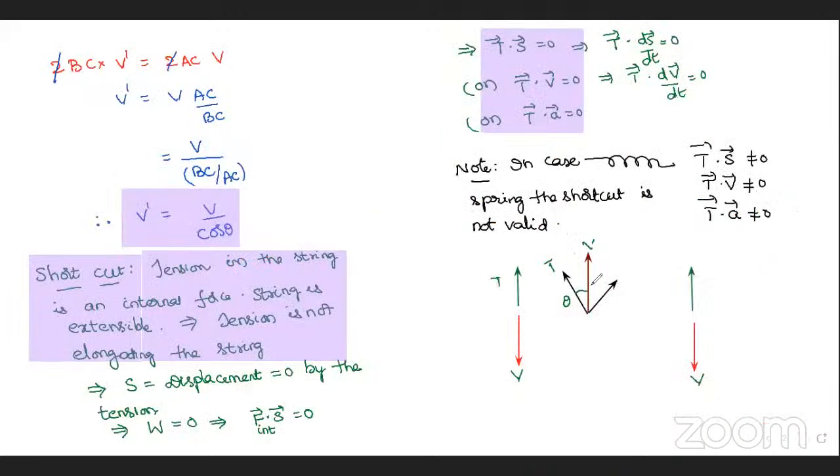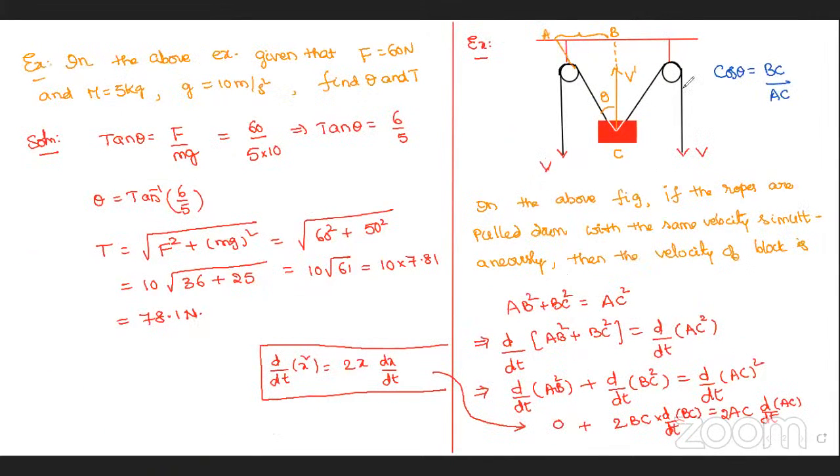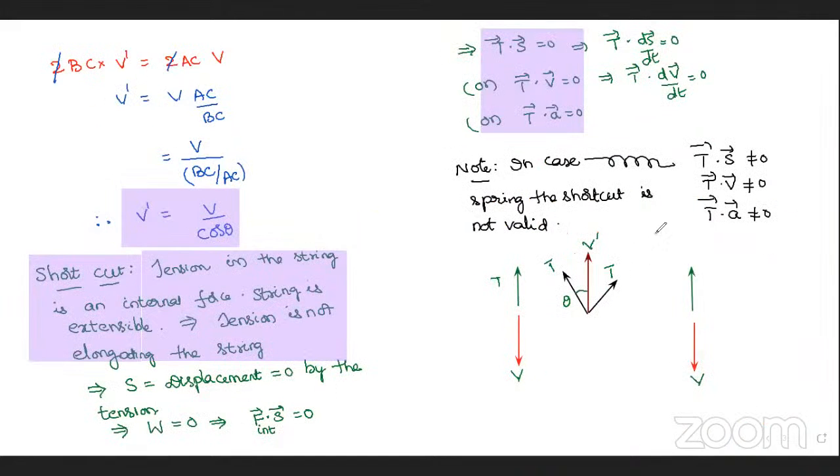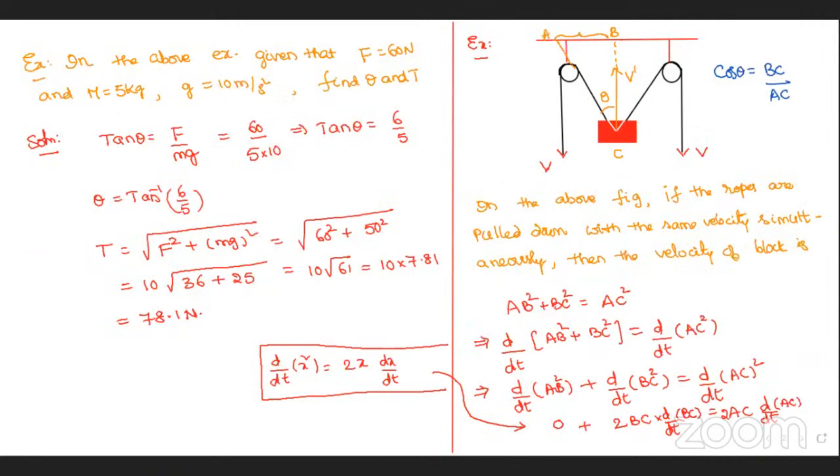In continuation, we are taking the string to here, same string, so same tension T, and passed over the pulley. Here also the same tension. This is the left side part, and downward the velocity is V.